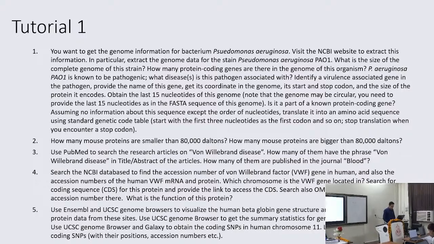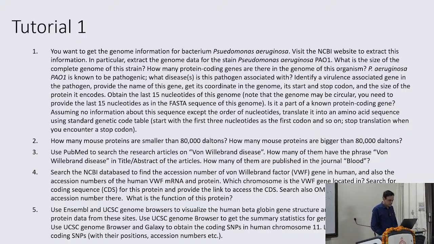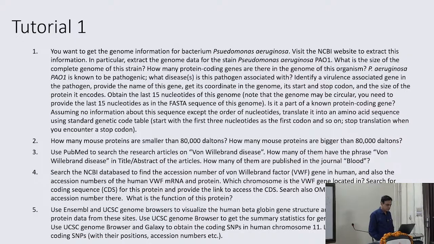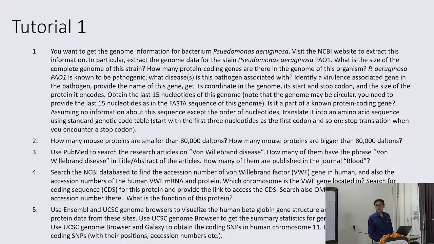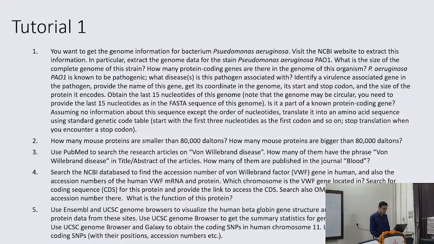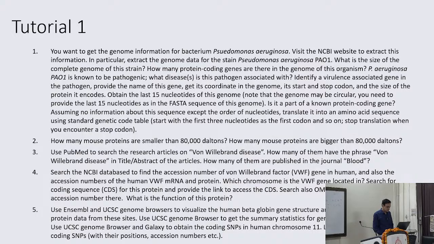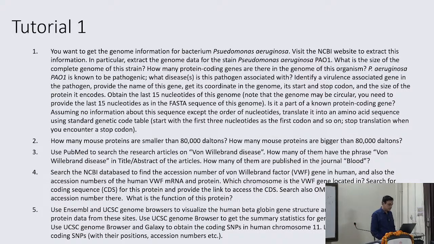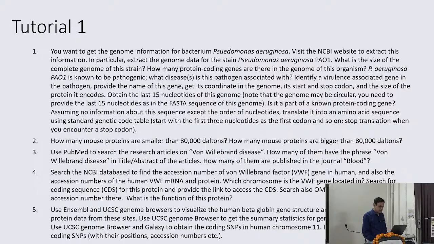So it seems like most of you or all of you have answered, except those having some internet problem, so far as the genome size is concerned and the number of protein coding genes in this genome. The third question is that this strain is known to cause diseases. What disease is this pathogen associated with, or what diseases?